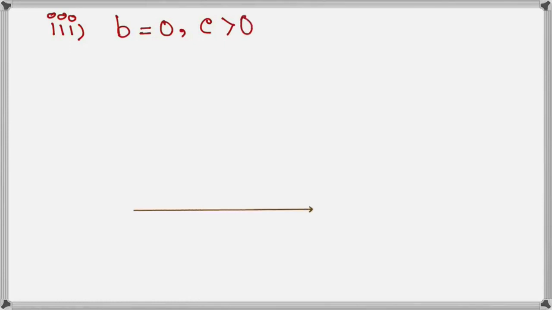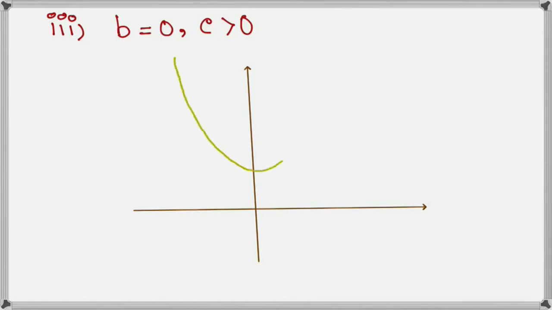The third subcase is b equal to 0 and c strictly bigger than 0. Now let us draw the parabola. So this is the x-axis and this is the y-axis, and here the parabola is like this.